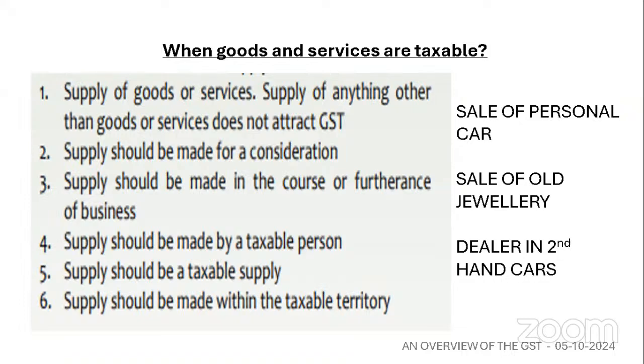Just imagine the State Bank of India, which has businesses in almost all the states. It will have a total number of registrations under the GST law equal to the number of states and union territories in our country.